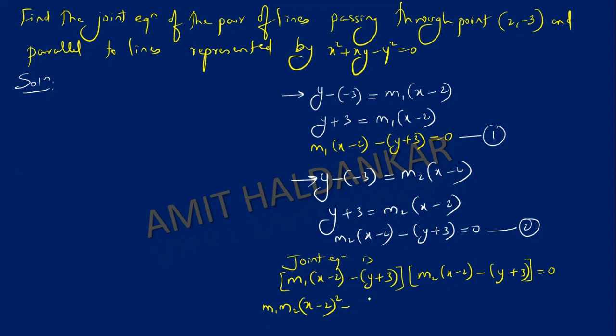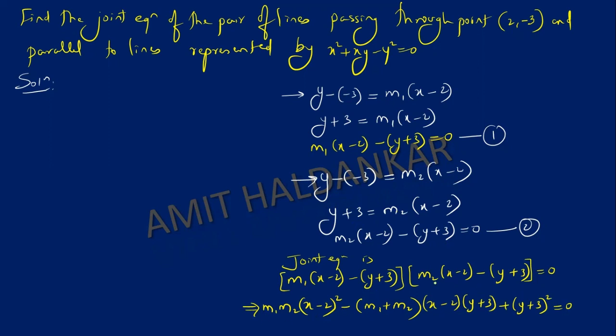Taking minus common, I get minus m1 plus m2 into x minus 2 into y plus 3, and plus, multiplying the final two, y plus 3 the whole square is equal to 0.